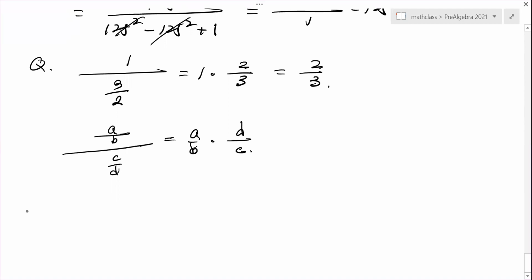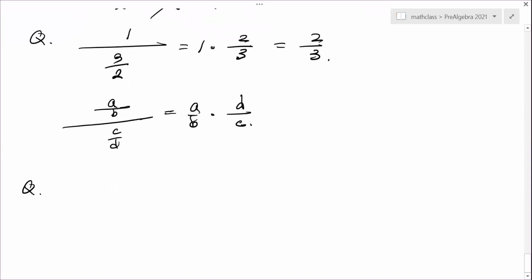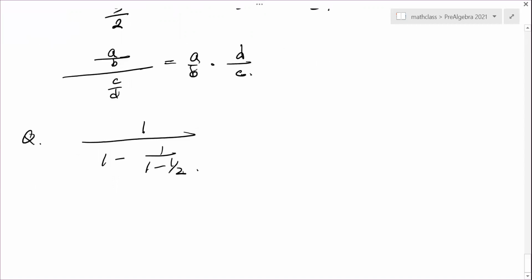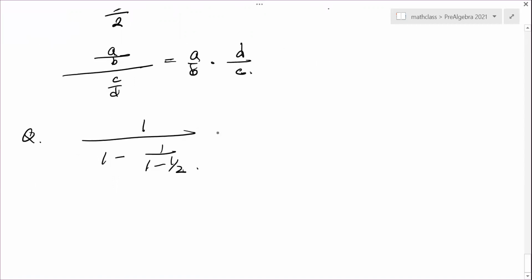So let's do the next problem. This time, I'm going to make it a little bit more complicated. Fractions inside the fractions. Okay, so how do you do that? Step by step. So what is 1 minus 1 half? 1 minus 1 half, everybody knows that it's going to be 1 half.